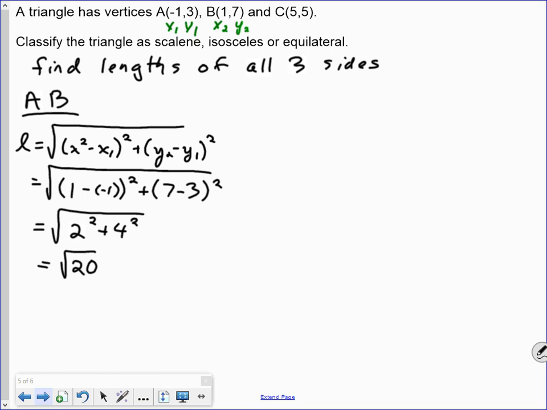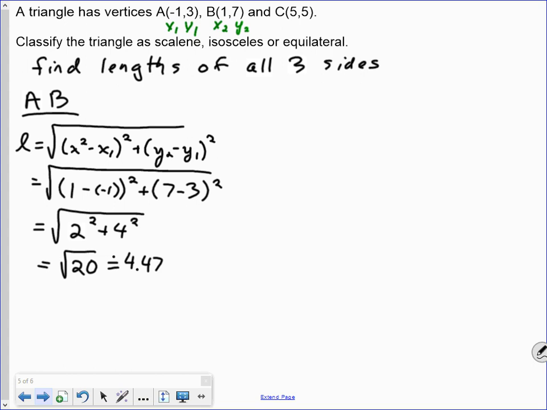So root 20, we can leave it as root 20, that's the exact answer, or if we want to express this as a decimal, we can write this as 4.47. So that's the length of side AB.